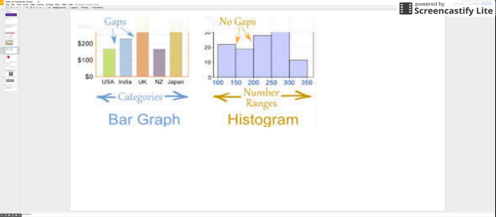Those people fall in this category. People who can read 150 words to 200 words per minute, they're going to fit in this category. People who can read 200 to 250 words will fall into this category. Okay, that's the difference between a bar graph and a histogram. A lot of kids have problems differentiating.